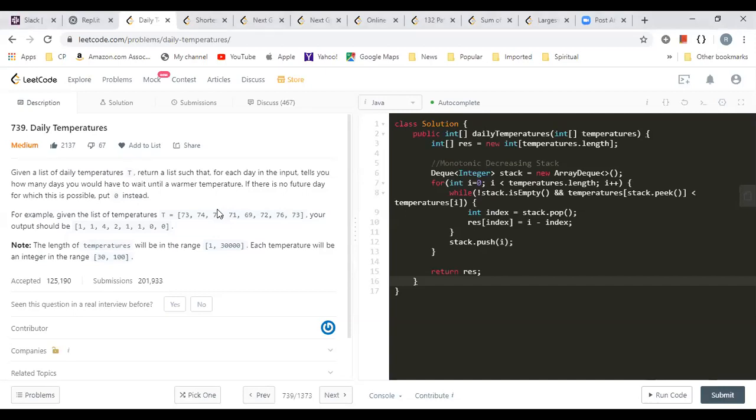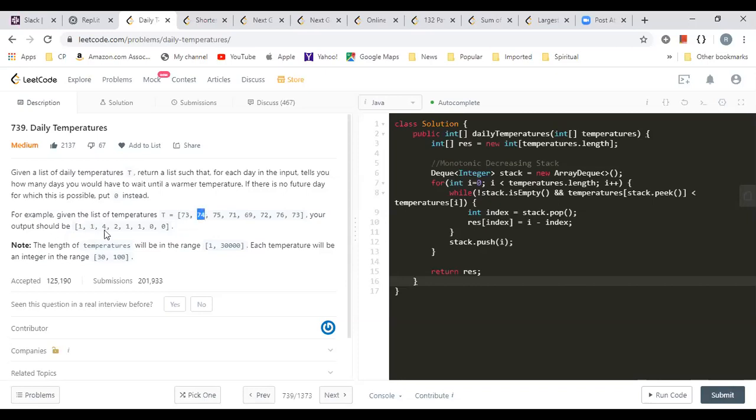All right, back to the problem, daily temperatures. You are given daily temperatures: 73, 74, 75, 71, 69, 72, 76, 73. Your output should be 1, 1, 4, 2, 1, 1, 0, 0 because we are looking for a warmer temperature. So the problem is, when would be the next warmer day? From 73, the first day which is warmer is 74, so this value will be 1: one day after today is the warmer day.